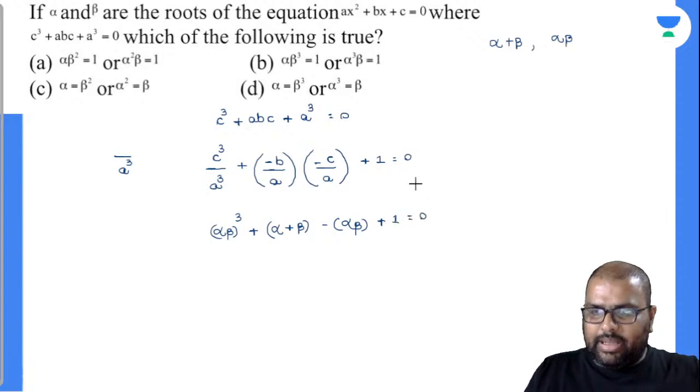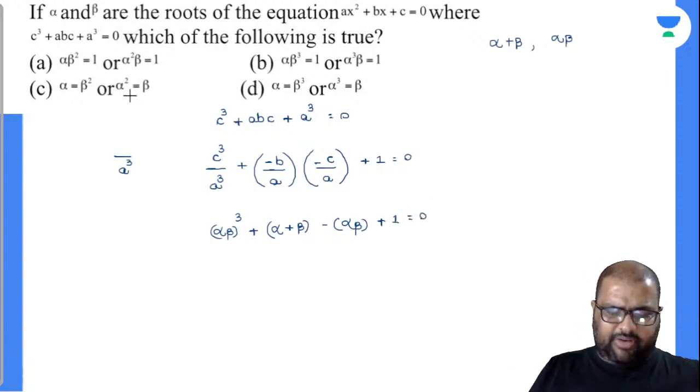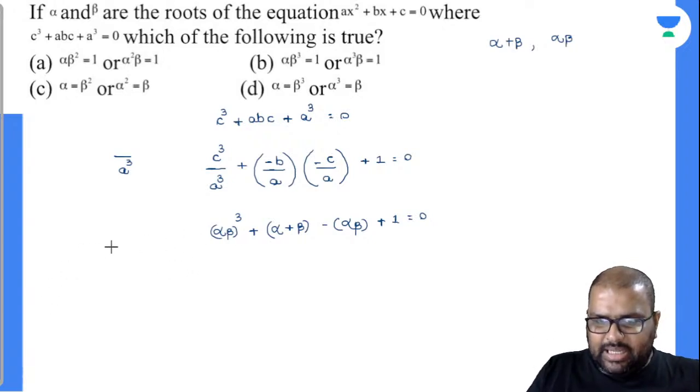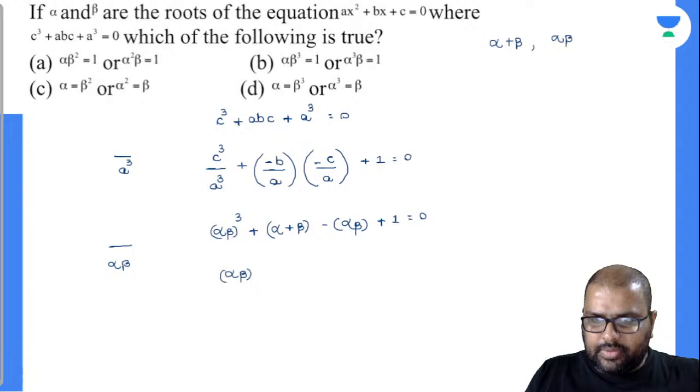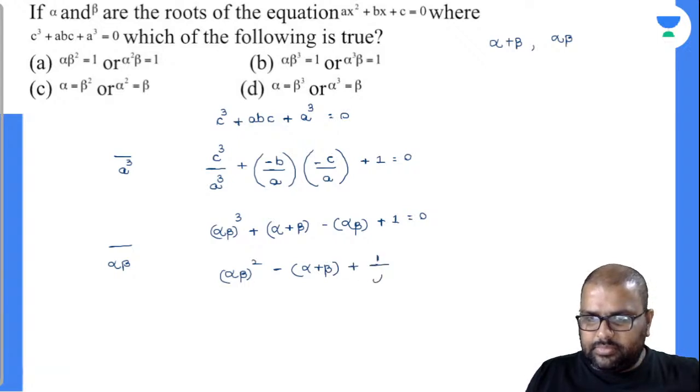So my aim is to get down to the answer formats, right? Other than this, I am not doing anything there. So I will divide the entire equation by alpha into beta. So my equation will change to alpha beta whole square minus alpha plus beta. Alpha beta will get cancelled off now. Plus 1 by alpha beta is equal to 0.